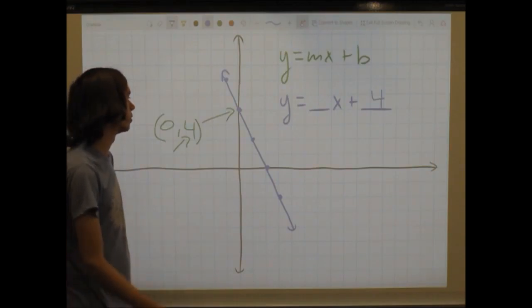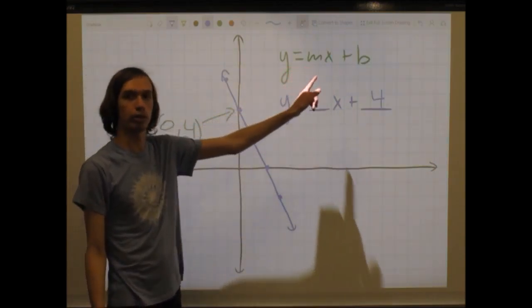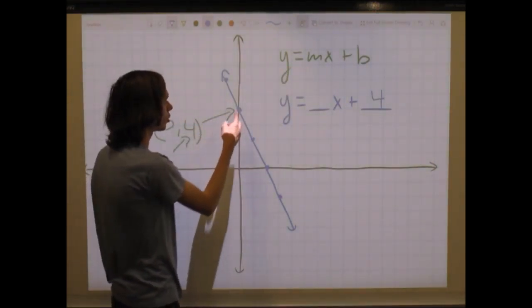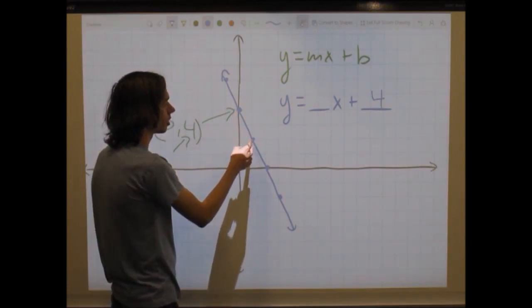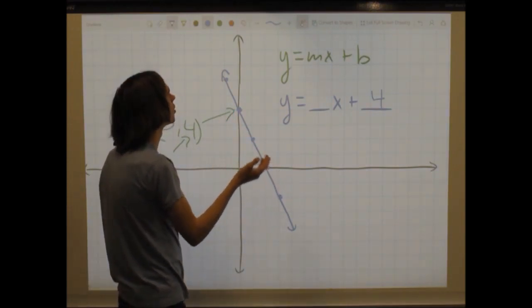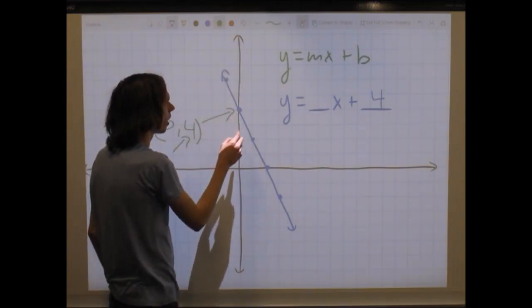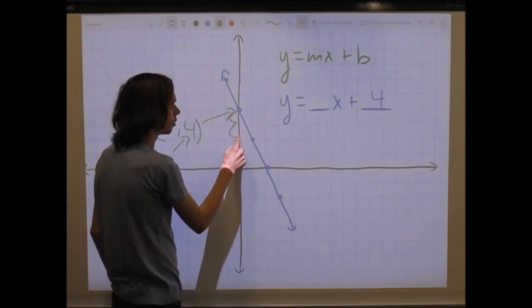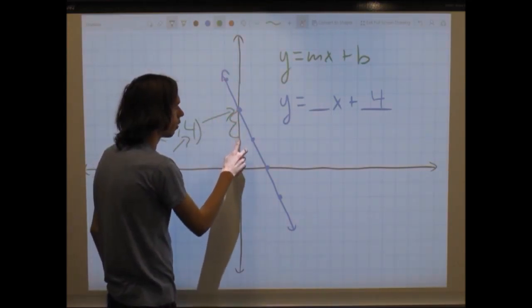Now we want to look at what the m is, which is slope. Again, we'll start at this point and go to the next point to the right, just to find the slope. You might notice that we have to go down 1, 2, and then over 1.